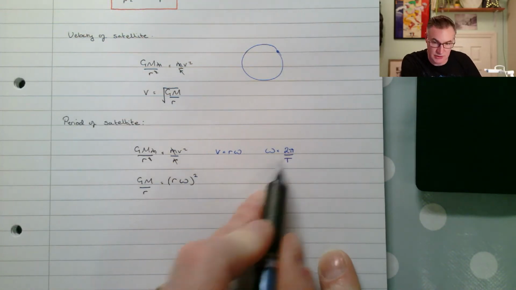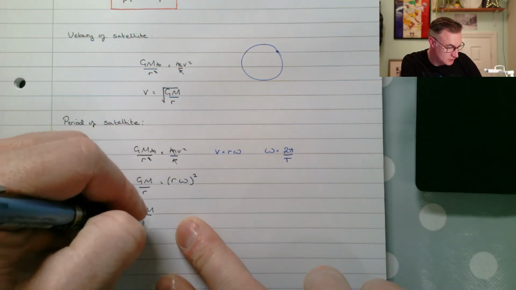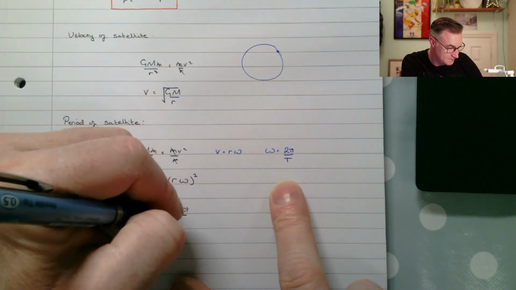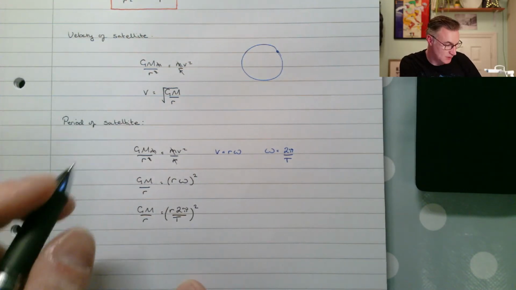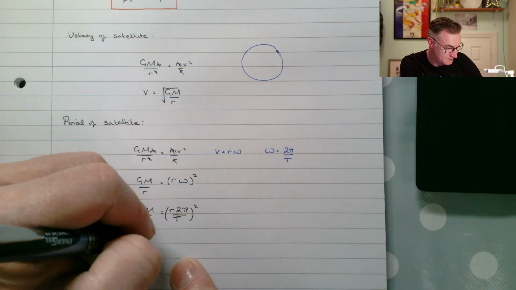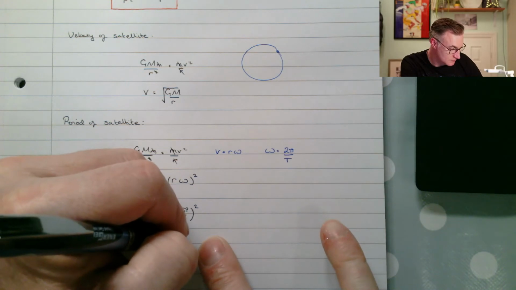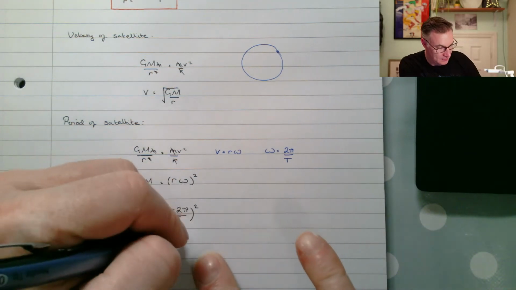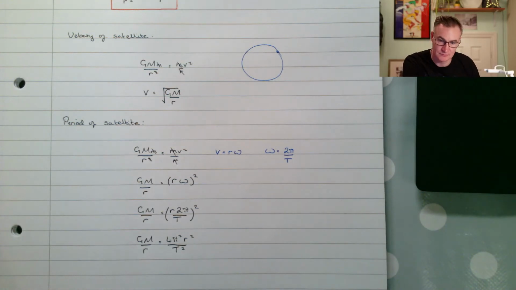Then we're just going to substitute omega for this here, squared, and just square out the brackets. So we would have 4 pi squared times r squared divided by T squared. And then we'll rearrange for T squared.